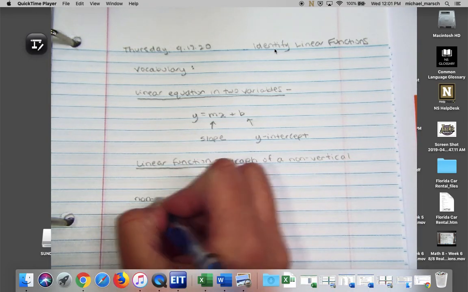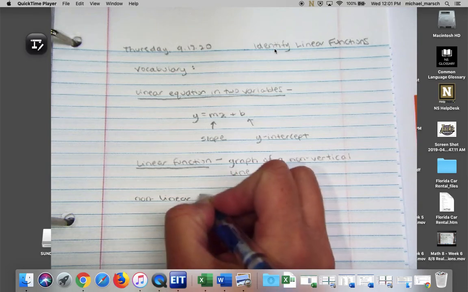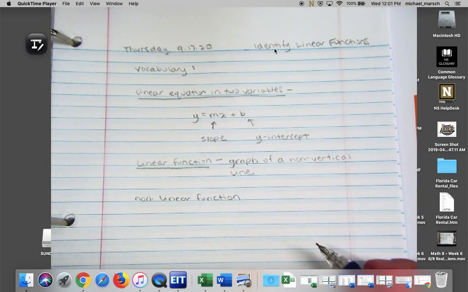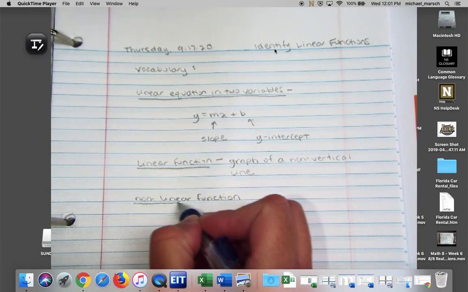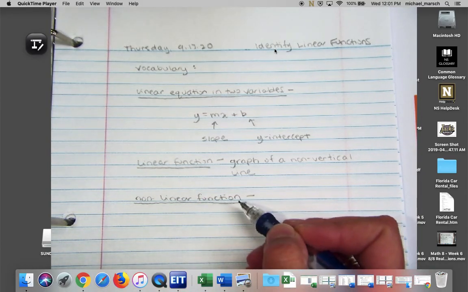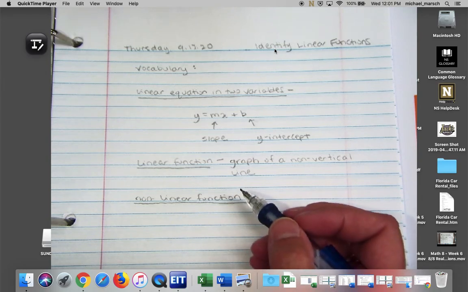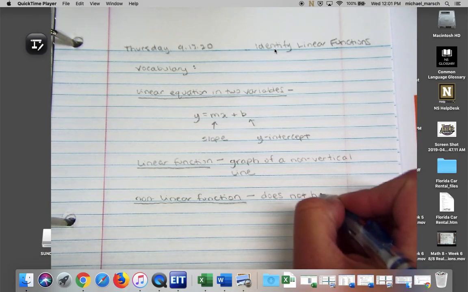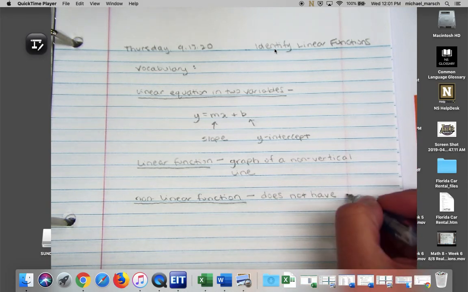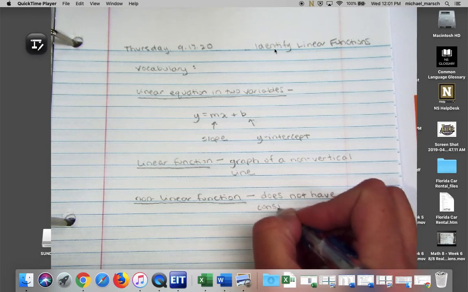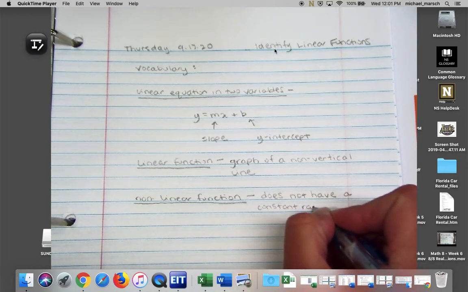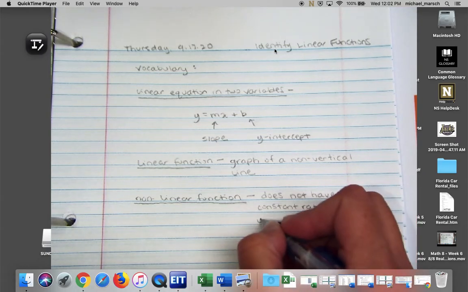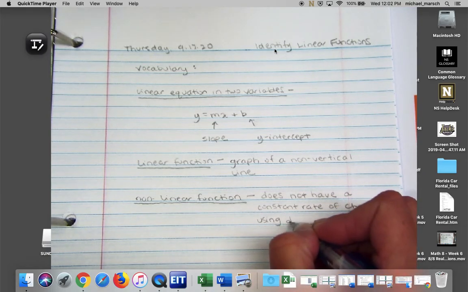So then a non-linear function. A nonlinear function does not have a constant rate of change using addition or subtraction.